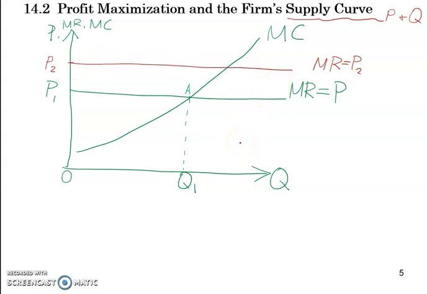So for an individual firm, it's still a horizontal line, a flat line. It still has no influence upon P2. But what we find is with a higher price, the firm could produce more. The profit maximizing point is moving from A to B here. So instead of producing Q1, now the firm can produce Q2 to maximize its profit.